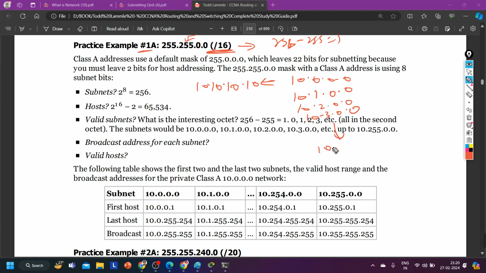Like this, after some time the IP address is going to be 10.255.0.0. Then the next network will be 10.255.1.0. Then, guys, 10.255.255.0. Then 10.255.255.255. Right? Clear?